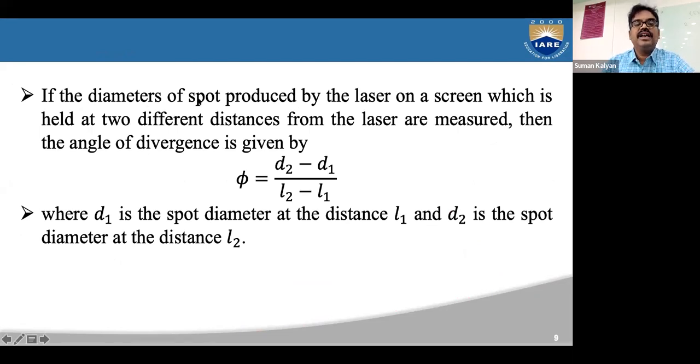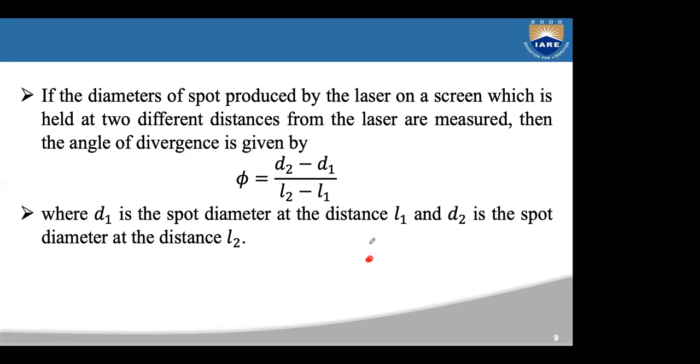You have all done this experiment, right? On the screen, when there is no slit or diffraction grating, you have seen a particular red spot. We used a helium neon laser.